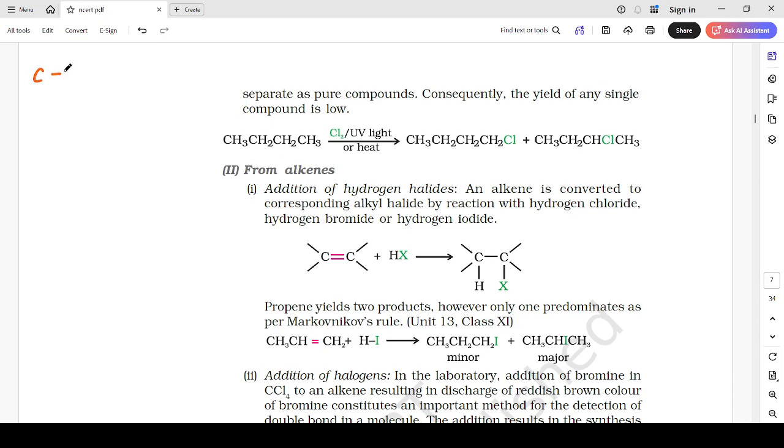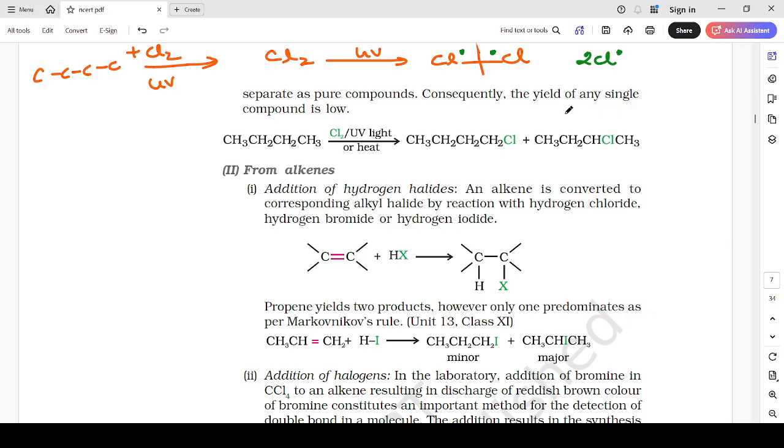Consider I'm having butane. To this I'm adding chlorine in the presence of UV. This Cl2 in the presence of UV will undergo homolytic cleavage. That means breaking the bond in the middle, so that both of them will be getting a free radical. 2 Cl dot you form. This step is called initiation.